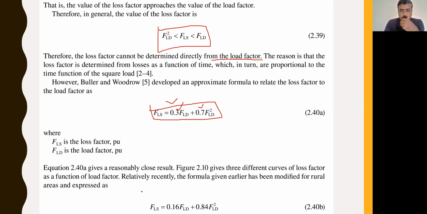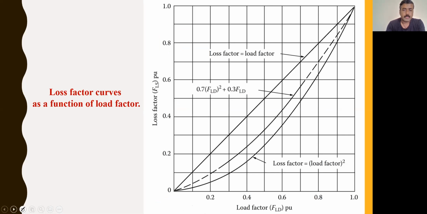This expression is a closed result, and some experiments have also been done as a reference: loss factor equals 0.16 times the load factor plus 0.84 times the square of the load factor. These expressions were obtained by researchers through mathematical calculations and experimental methods.